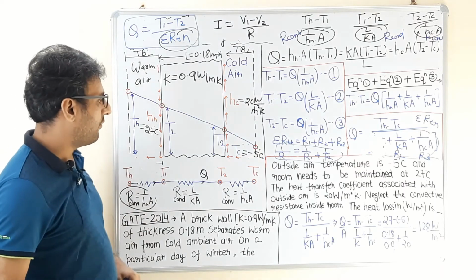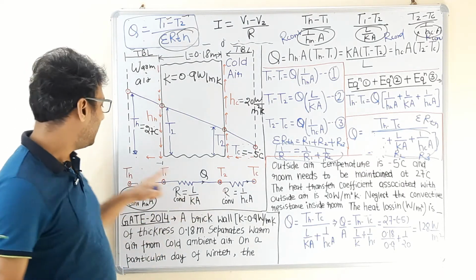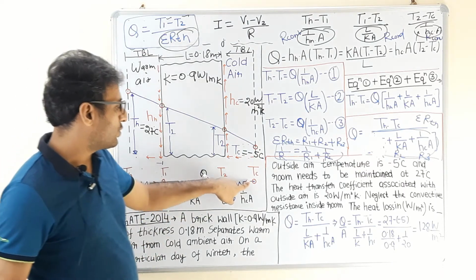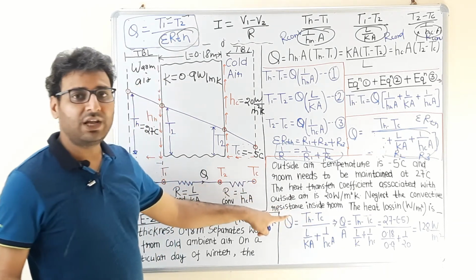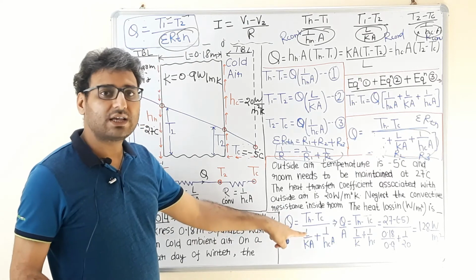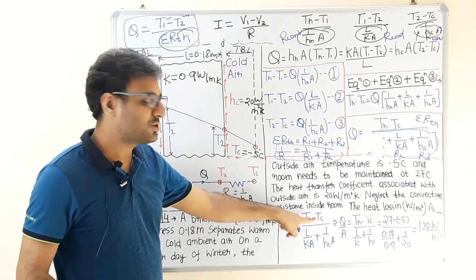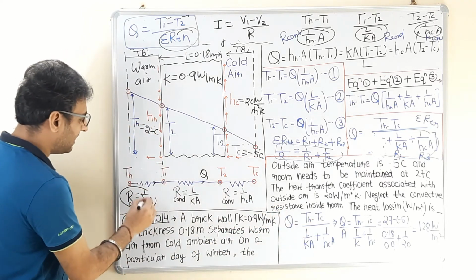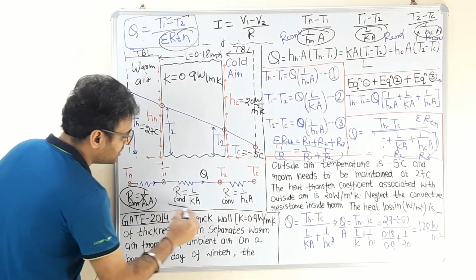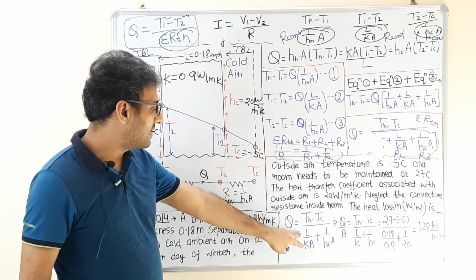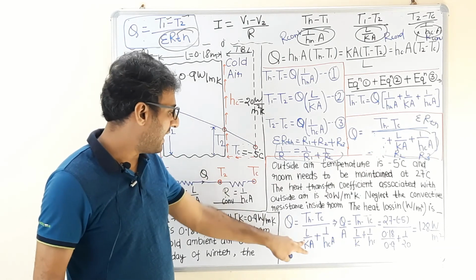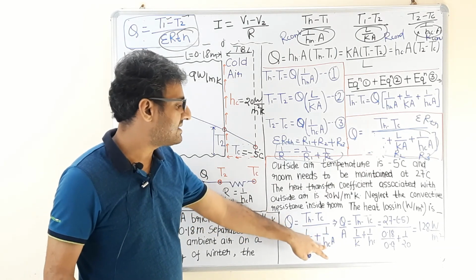If we consider temperatures Th and Tc, then we need to consider all the resistances between these 2 points. If it is neglected, then we are left with only these 2 resistances. So substitute the value of sigma Rth, which is L by KA plus 1 upon HcA.